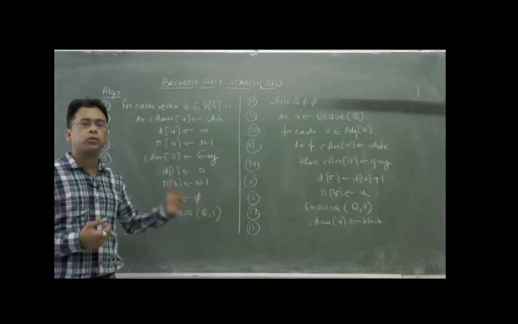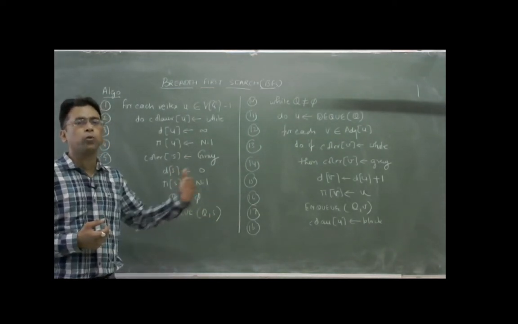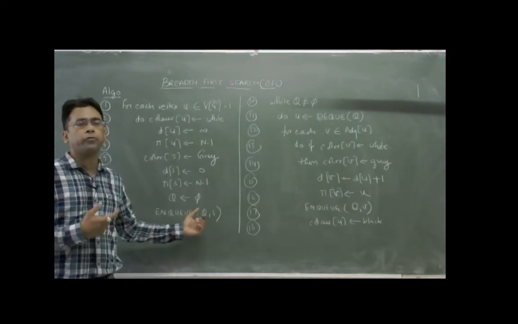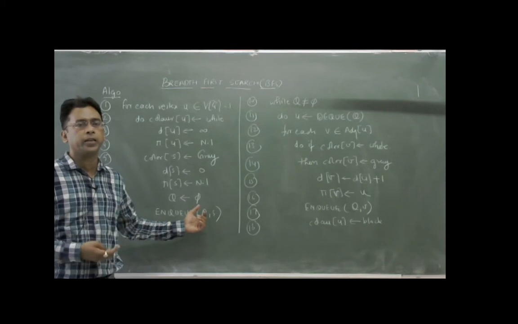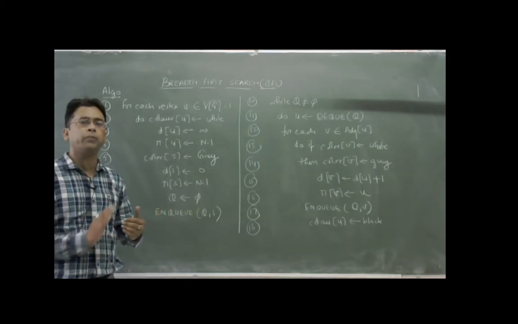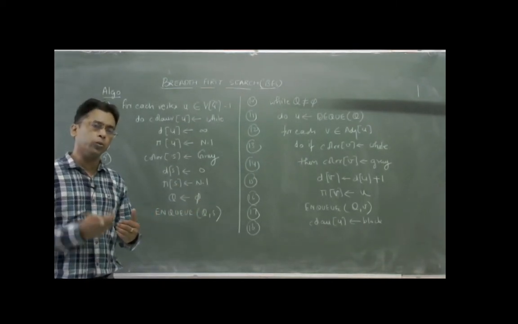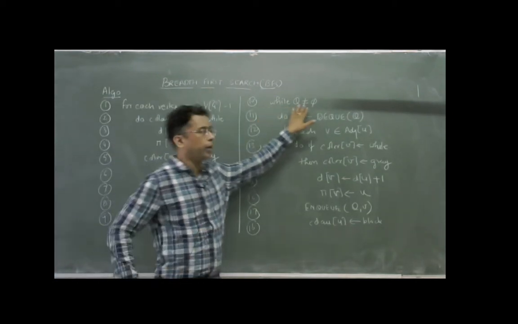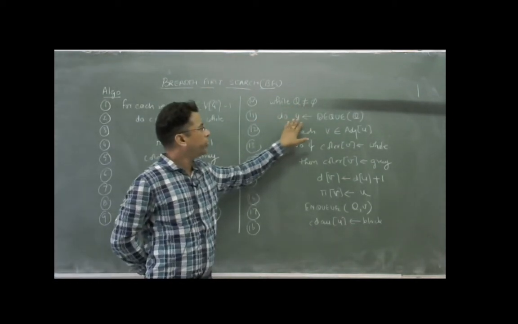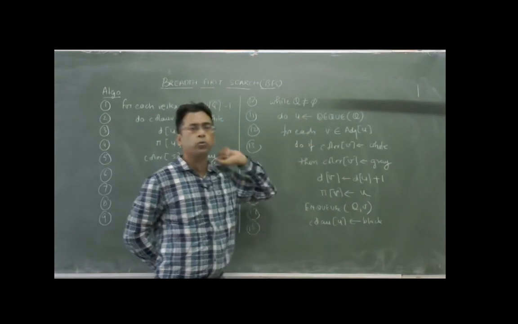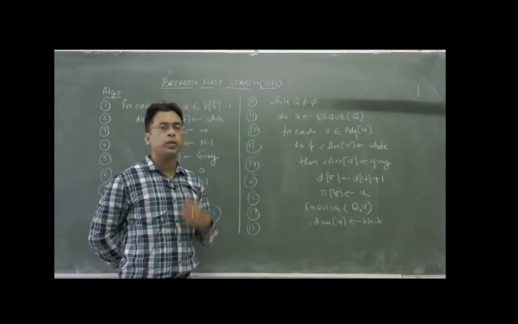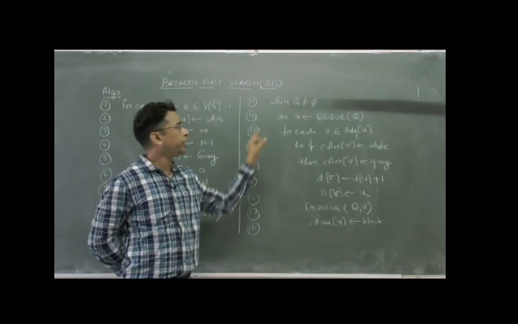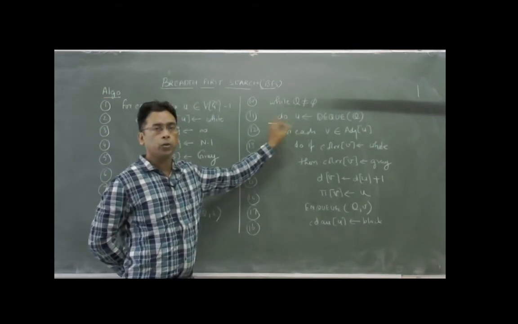The rest of the elements which occur through the initial node will be placed in the queue, and they shall be processed one after another, and after execution they will be dequeued from the same queue. So until the queue becomes empty, we do u equals dequeue Q. We keep on dequeuing Q until we get an empty queue.